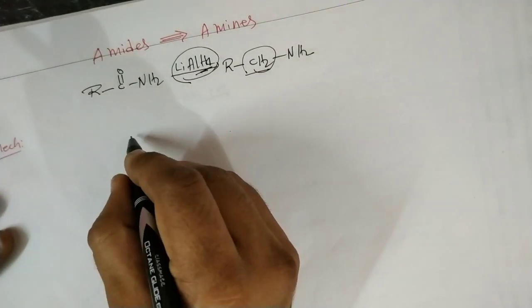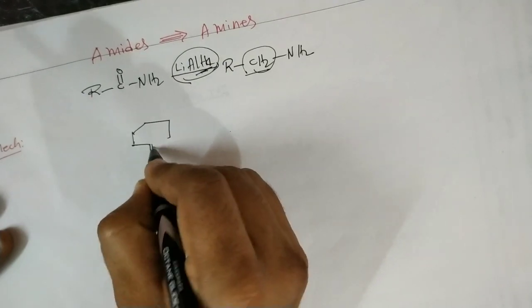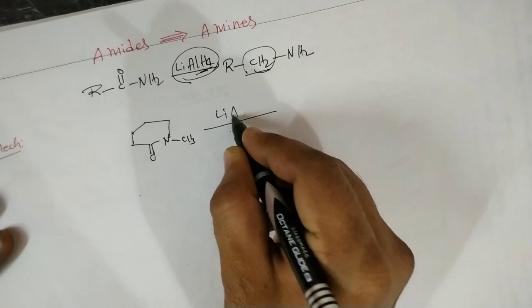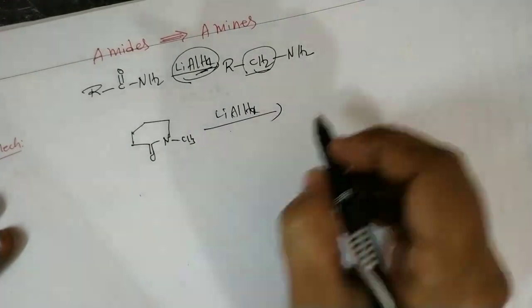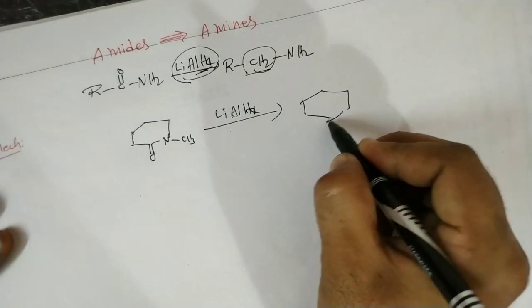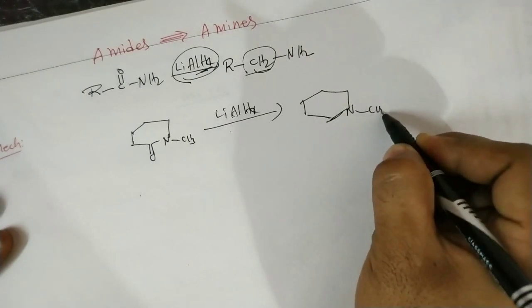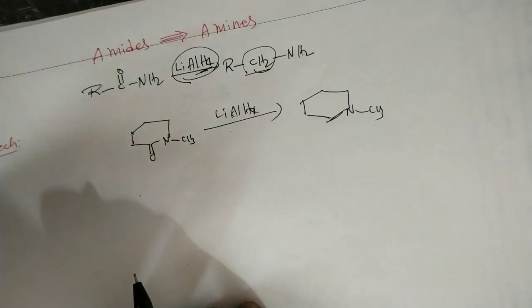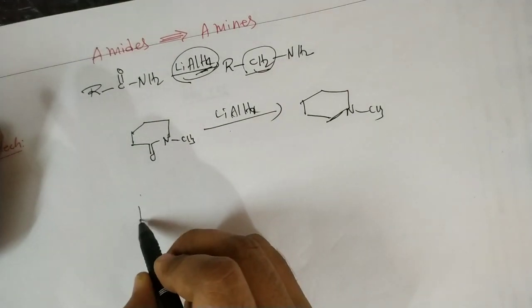You can see here, for cyclic amides, C double bond O, and here CH3. With lithium aluminum hydride, the CO is converted to CH2 and NCH3, that means the amide is converted to an amine. This is one of the most important points.